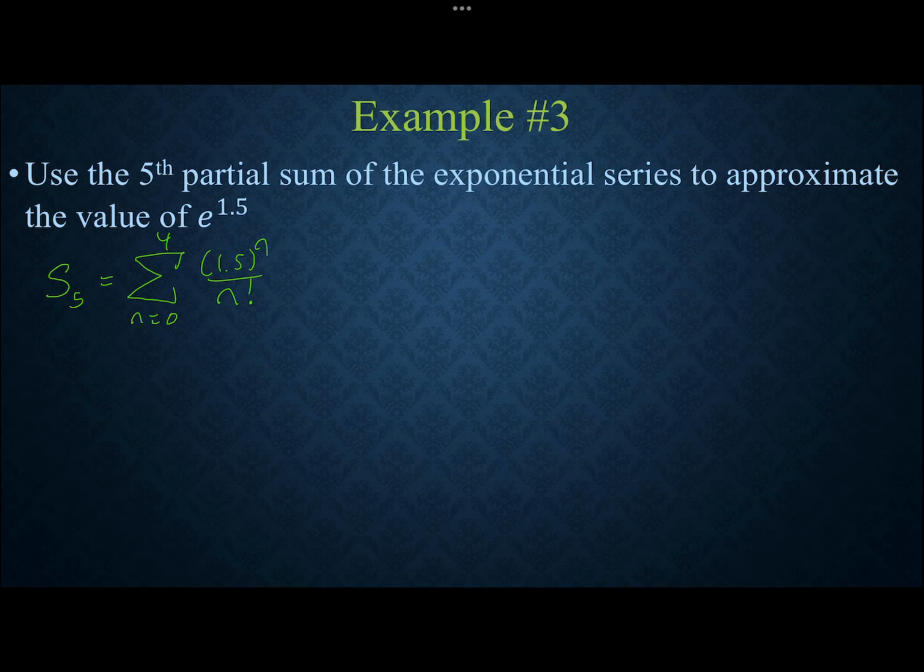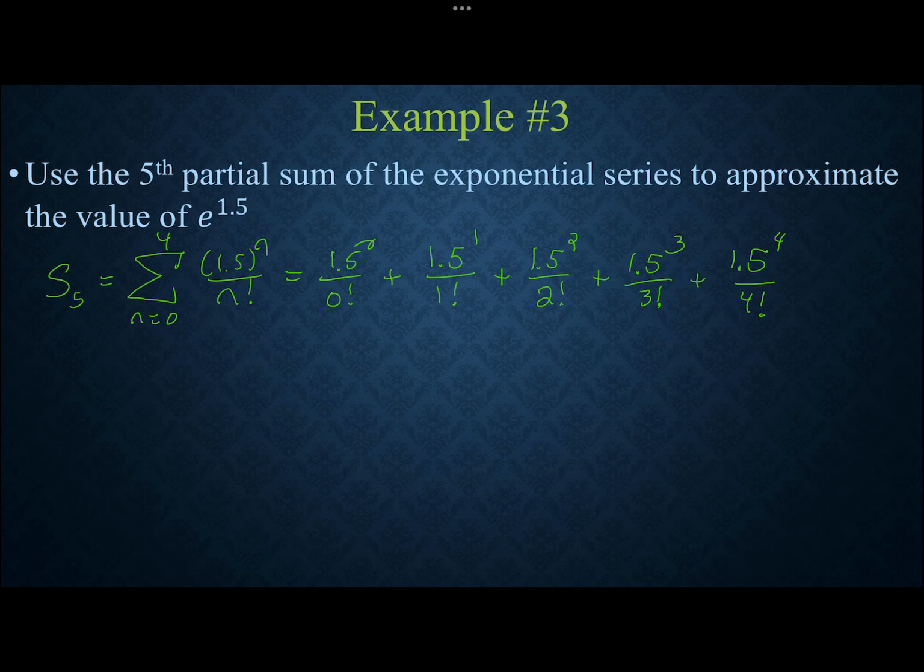And to evaluate this, I'm going to expand this out, and then we're going to use the calculator with the infinite sum to actually get our particular answer. So this would be 1.5^0 over 0 factorial, plus 1.5^1 over 1 factorial, then 1.5² over 2 factorial, 1.5³ over 3 factorial, and then 1.5^4 over 4 factorial.